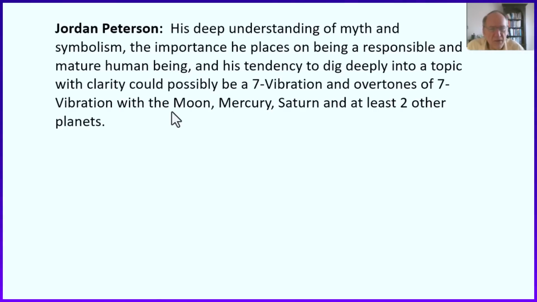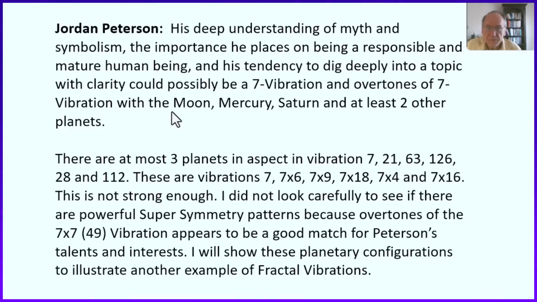There's a lot of 7 quality to him. So I'm expecting he's got some overtones of 7, possibly with Moon, Mercury, or Saturn, at least 2 other planets, some kind of 7-based vibrational thing. Maybe 7 times 3, 7 times 9, something going on with 7 with Jordan Peterson.